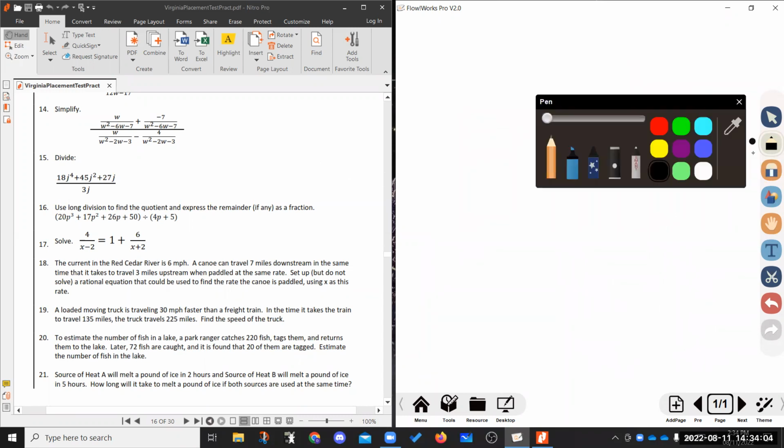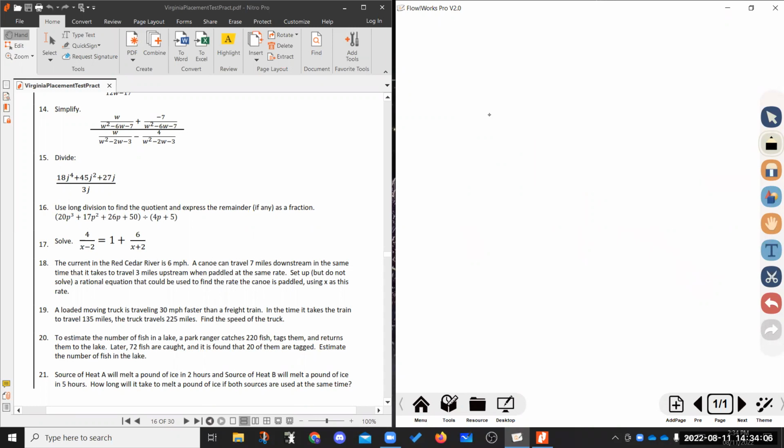Now we're going to use proportions to help us estimate the number of fish in a lake. They actually do this with endangered species to estimate populations. So a ranger catches 220 fish and tags them and returns them to the lake. So later, we're going to let our proportion be the number tagged over the total number, right?